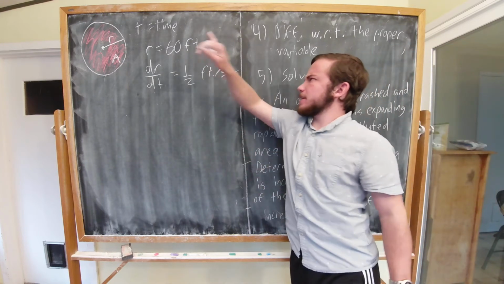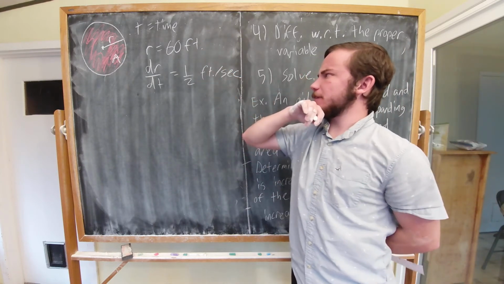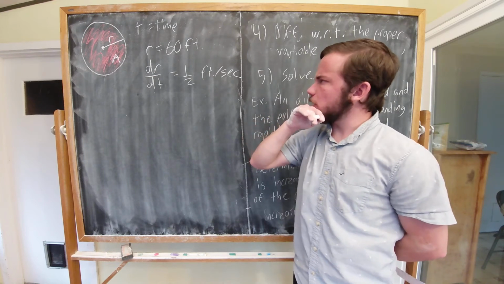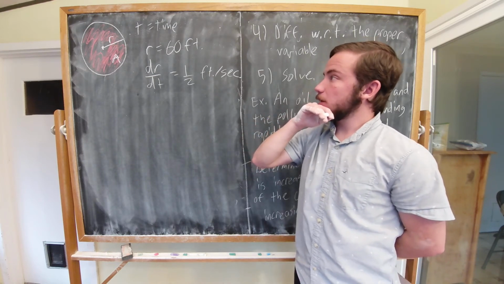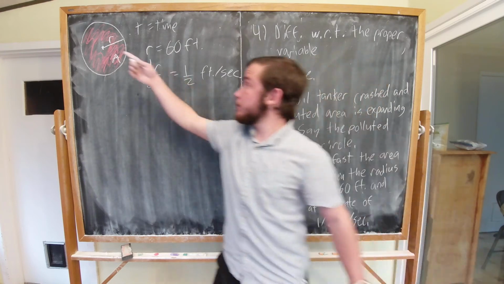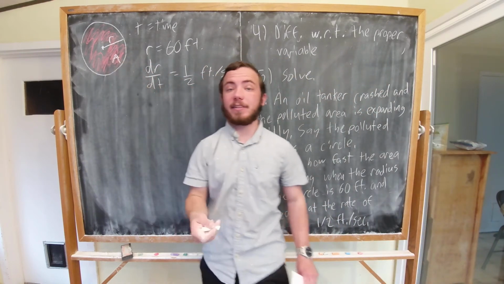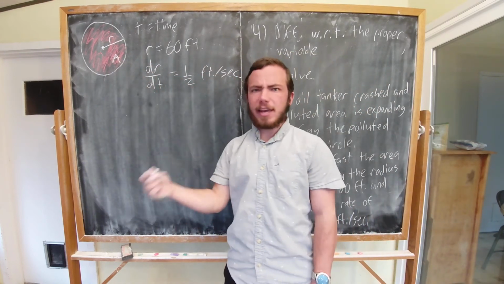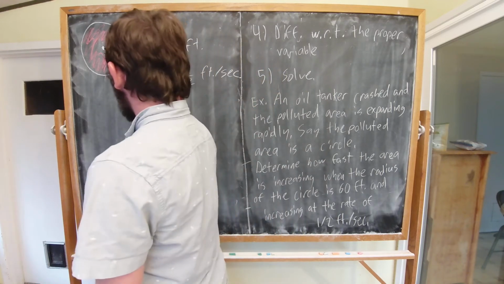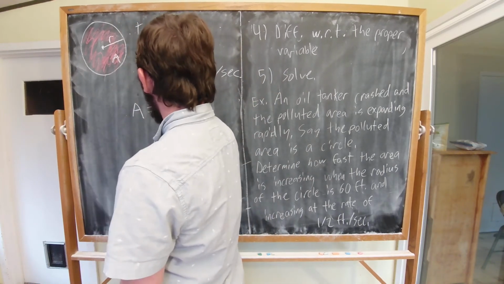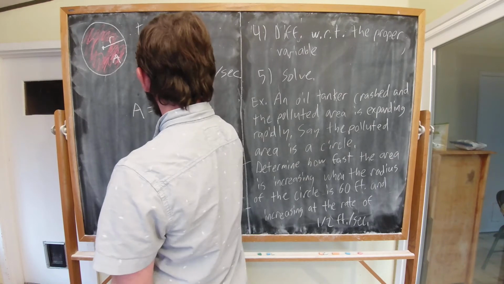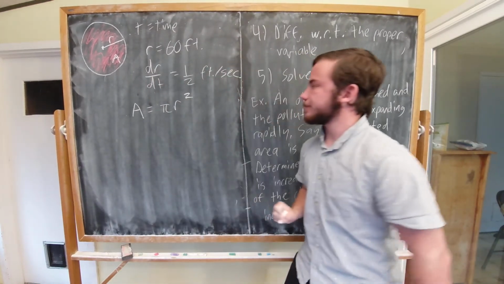Okay, so we know that the radius is 60 feet. We know that it's changing at the rate of half a foot per second. What else do we know about this situation? Let's take some information that we're given by this circle. I know that for any circle, area is pi times the radius squared.